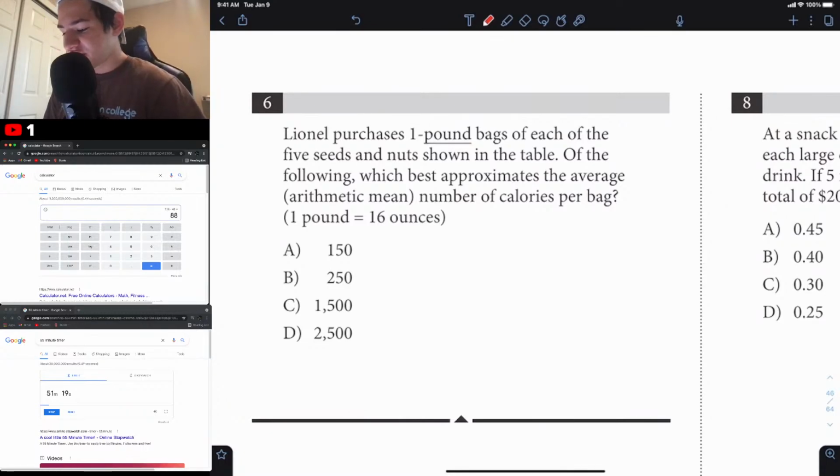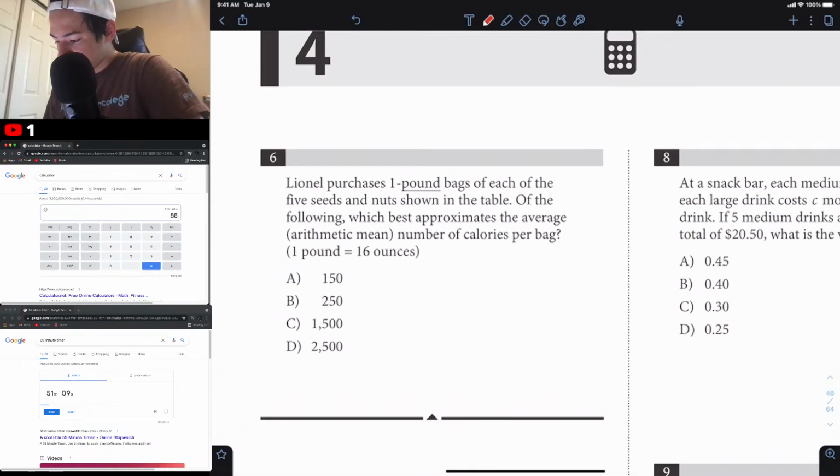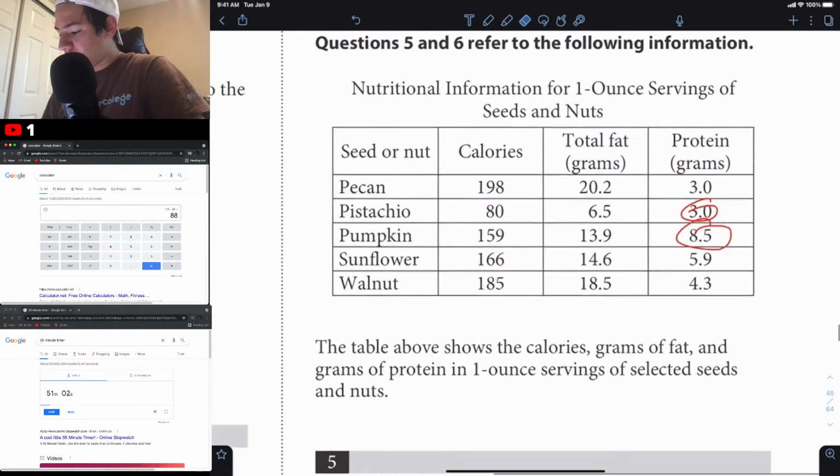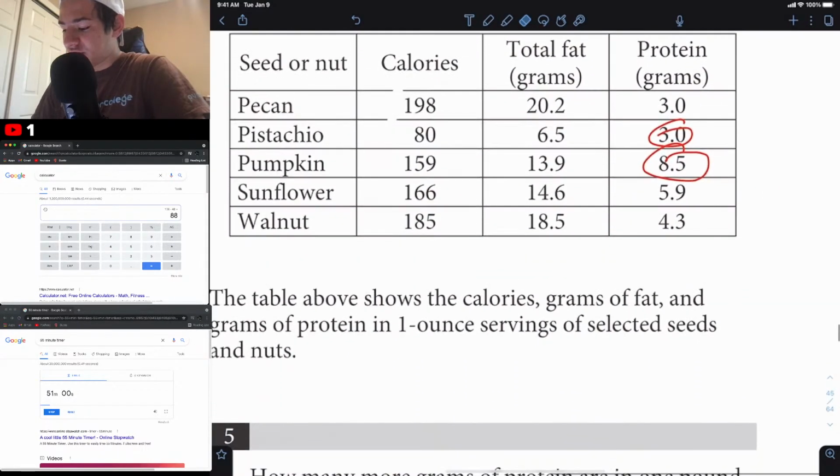Lionel purchases 1 pound bags of each of the 5 seeds and nuts shown in the table. Of the following, which best approximates the average, the arithmetic mean, of calories per bag? So 1 pound bags of each of the 5 seeds. We are worried about the calories, so let's highlight.